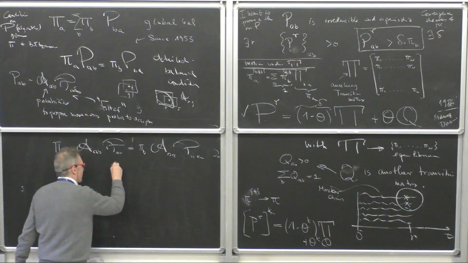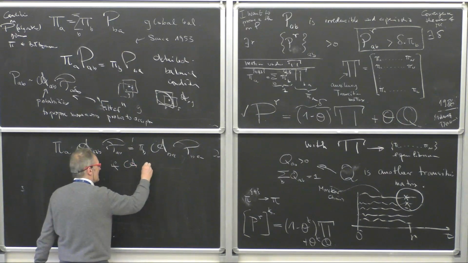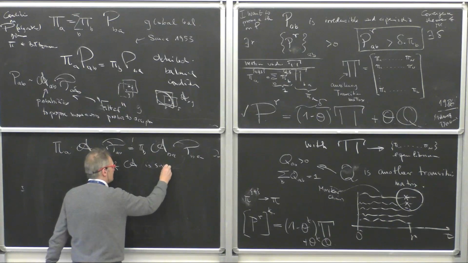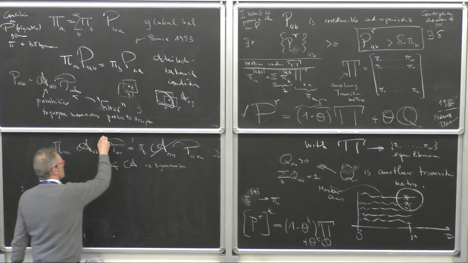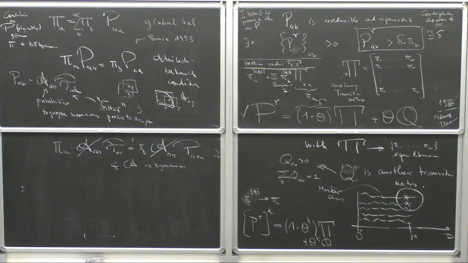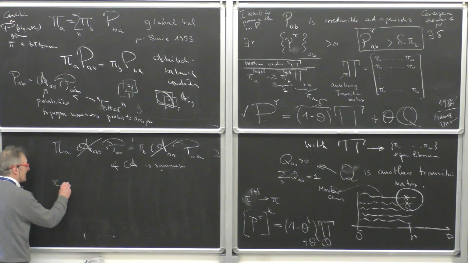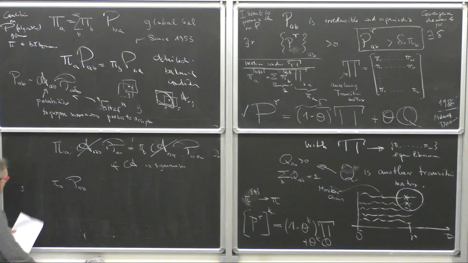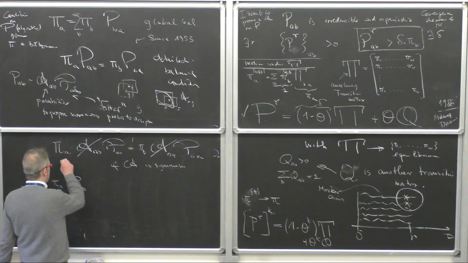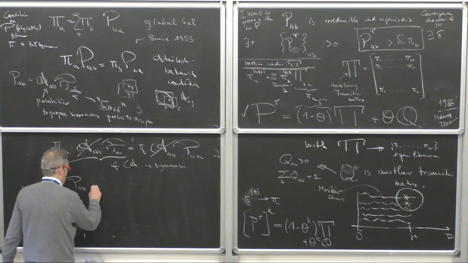And then if A is symmetric, we can divide it. Either it's 0, then there's nothing there, or otherwise we can divide it. And then pi A times PAB has to be symmetric.